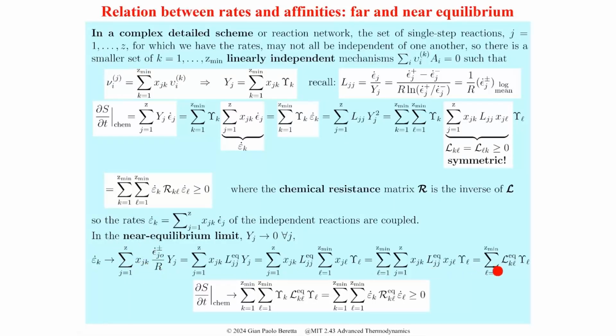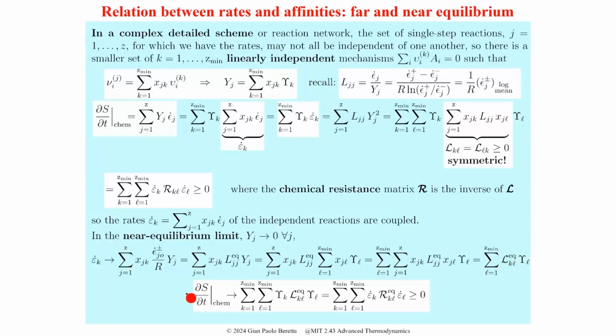And if you keep going, in the end, you find that it is a summation of those affinities times these sort of generalized inverse resistance. So let's call it the generalized conductivity matrix, symmetric.